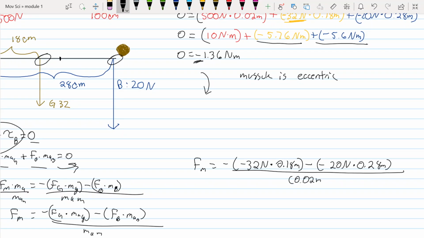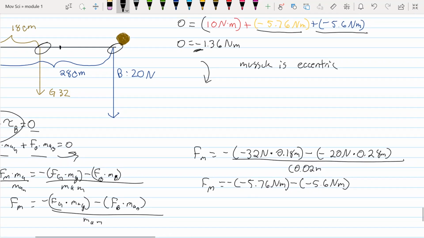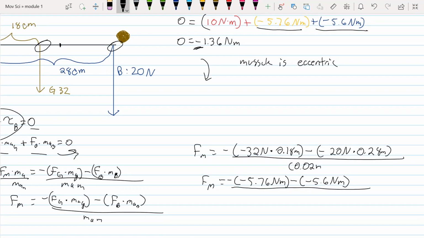Okay, so this is going to be the force of the muscle equals a negative 5.76 Newton meters minus a negative 5.6 Newton meters, all over 0.02 meters. Okay, so these negatives cancel out.